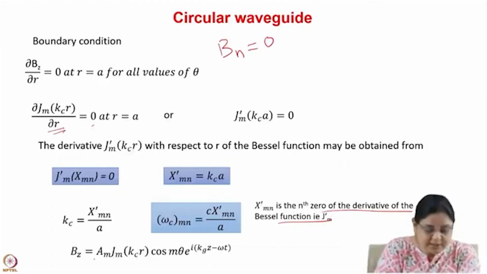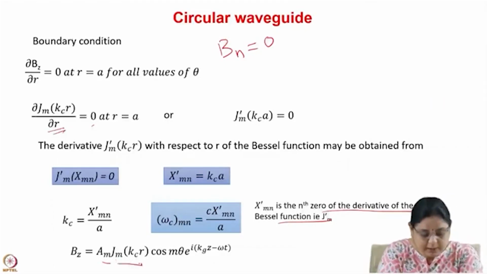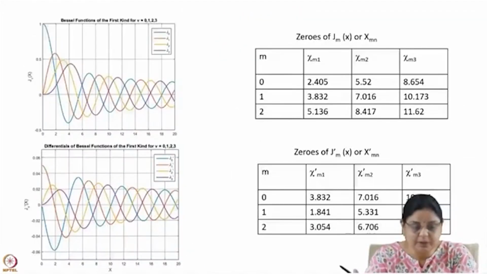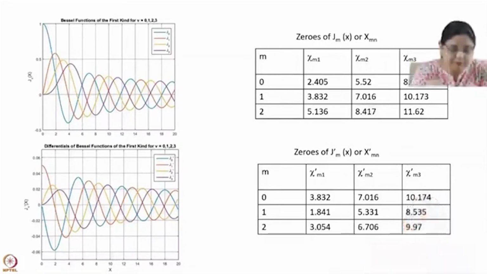So now Bz can be written as Am Jm(Kc r) cos(m theta), propagating in the z direction with a propagation constant kg. So these are the Bessel function and the derivative of the Bessel function. Both the values, the zeros of the Bessel function as well as the derivative of the Bessel function, can be found from these graphs or by reading tables.